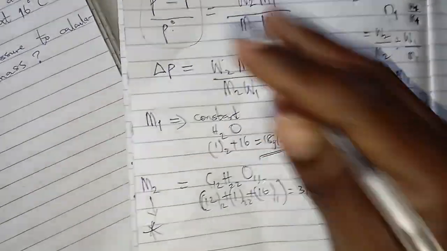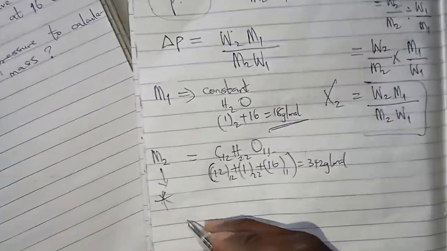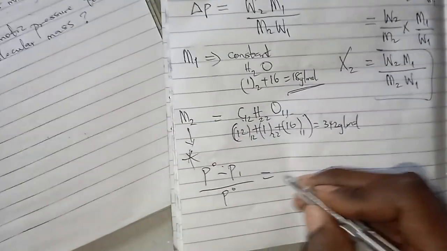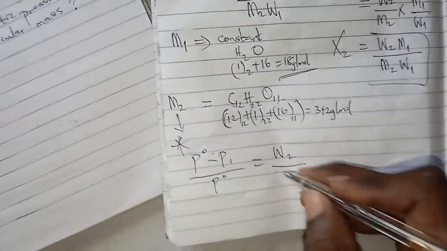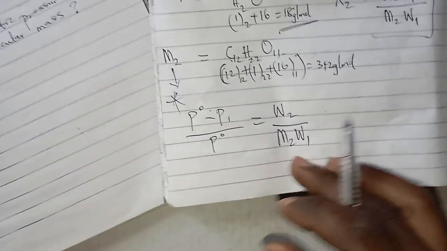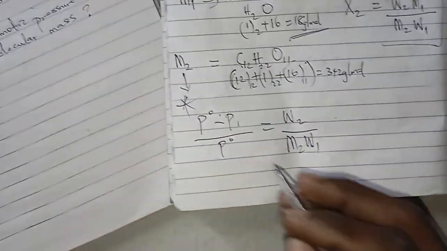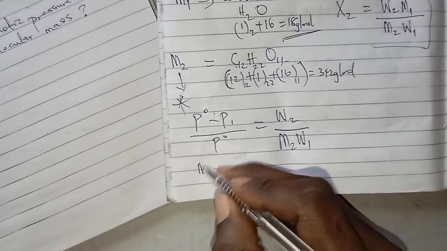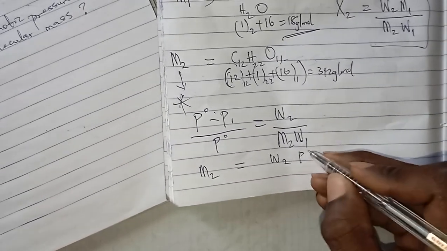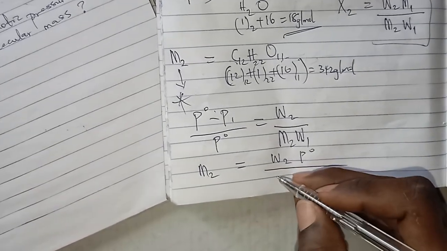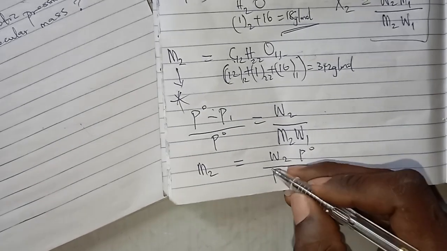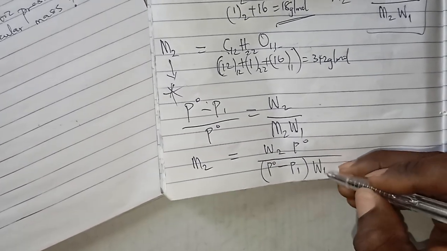So in some textbooks you will see relative vapor pressure as P naught minus P1 all over P naught equals W2 all over M2 W1. And when you now want to find the relative molecular mass, it's always of the solute. If you make M2 the subject of the formula, you will have M2 equals W2 P naught all over P naught minus P1 multiplied by W1.